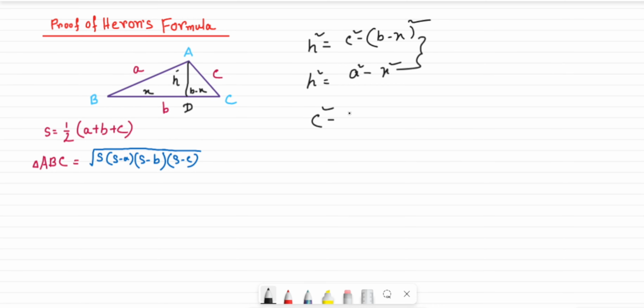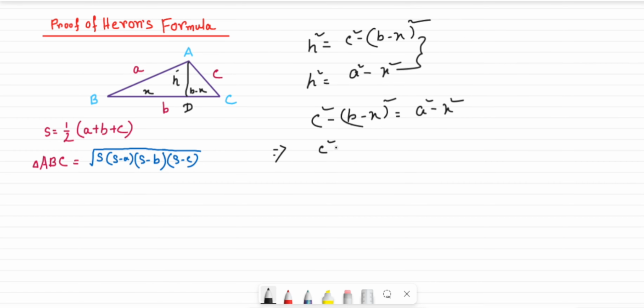Okay. Now if we relate these two equations, what will we get? C square minus B minus X whole square equals A square minus X square, right? Let's take this A square to the left side and let's take B minus X whole square to the right side.